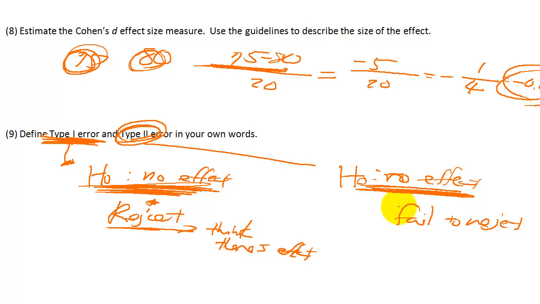That's a type 2 error. It's kind of safe because you keep the no effect conclusion, and you're not going to do anything or waste money. But you may not make a breakthrough in research because you thought there was no effect, when the truth was there's some effect. So that's the implication of type 2 error.